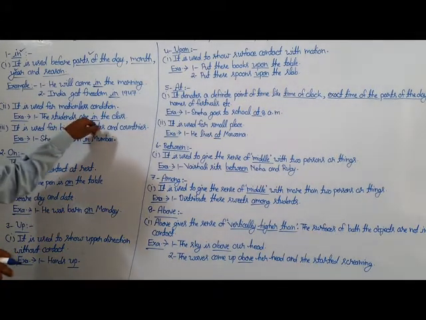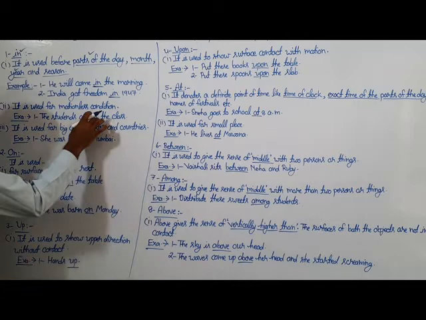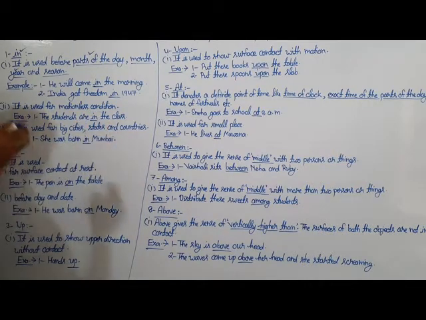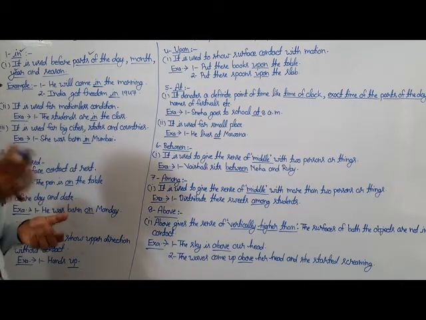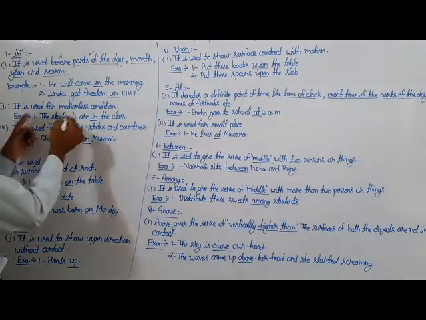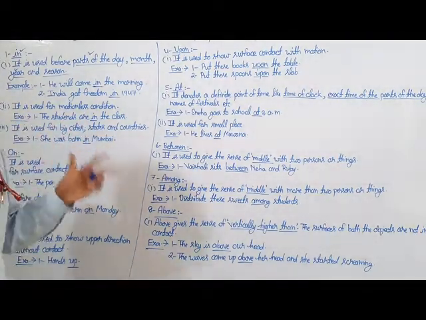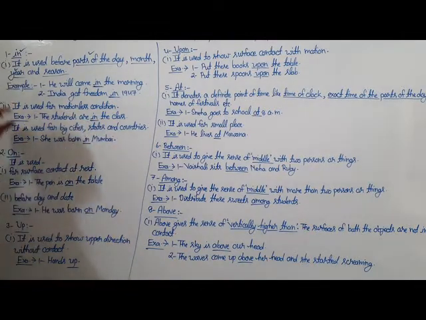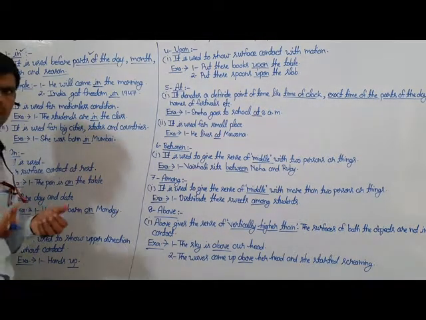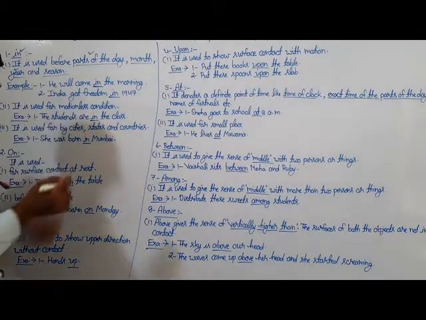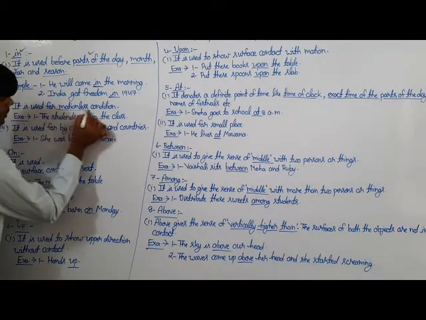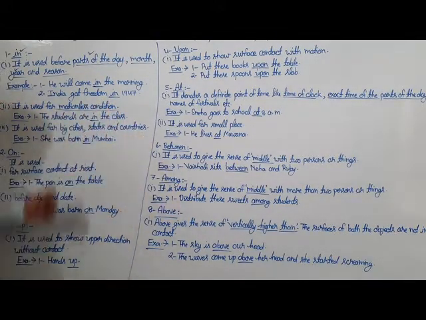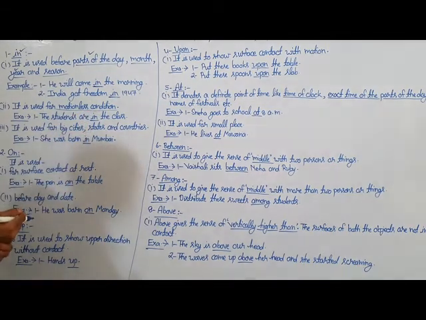Here the underlined word in is a preposition which is used to show the motionless condition, that the students are in the class and they are still at rest. So we can say that in is used to show the motionless condition.